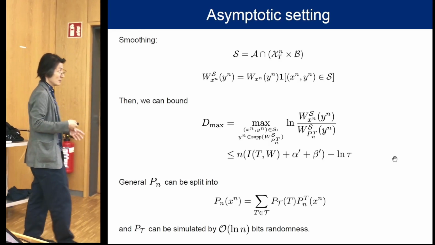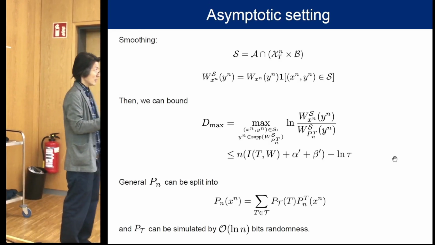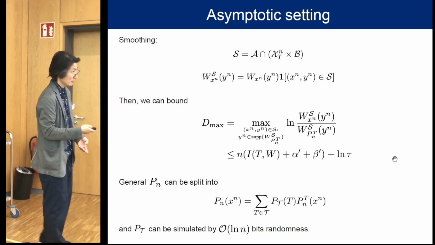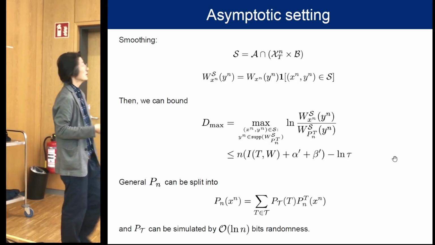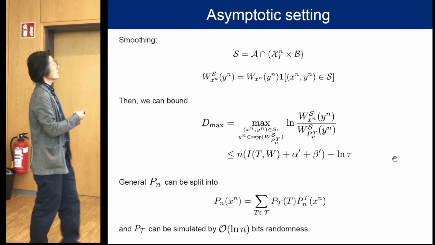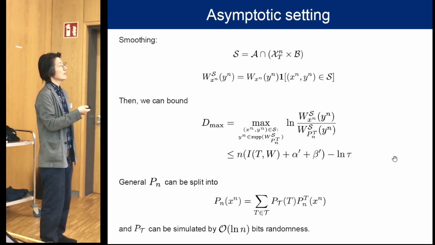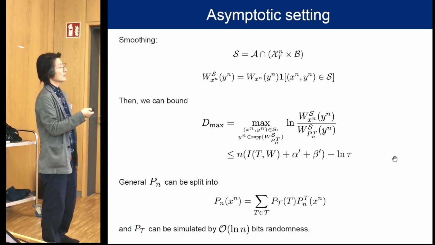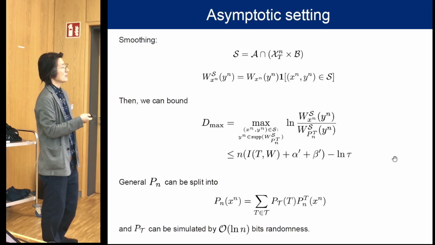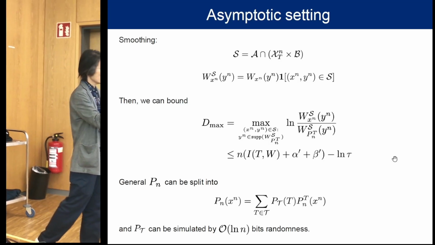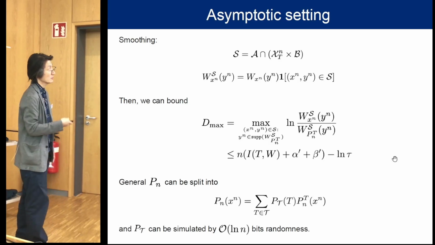And by adjusting these parameters, we can get the desired result. And for a general distribution, we first split the distribution into type classes, and this type class distribution can be simulated by negligible randomness, and finally we can obtain the desired result.